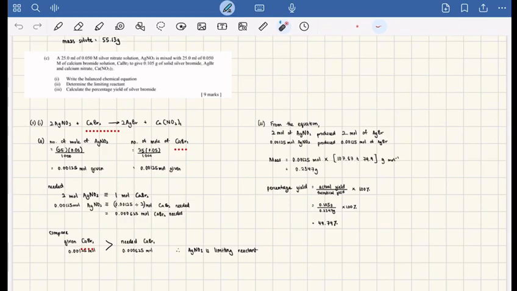So I write the balanced chemical equation. First, we will write out everything that was given. So here it's silver nitrate plus calcium bromide, which produces silver bromide and calcium nitrate.